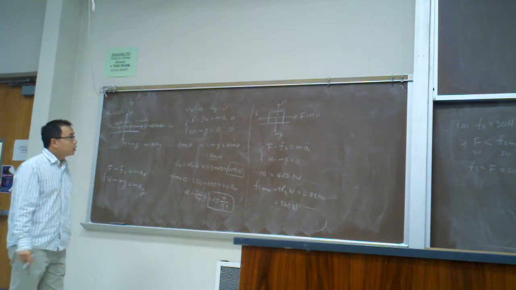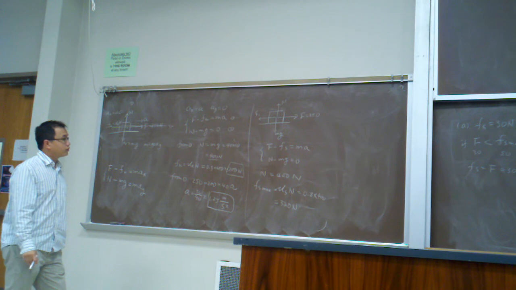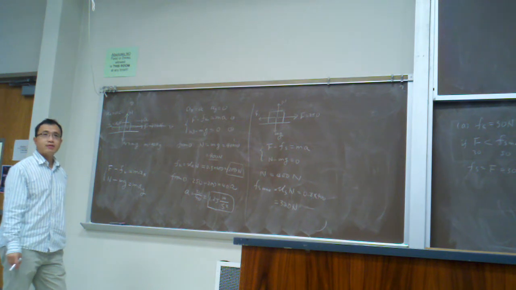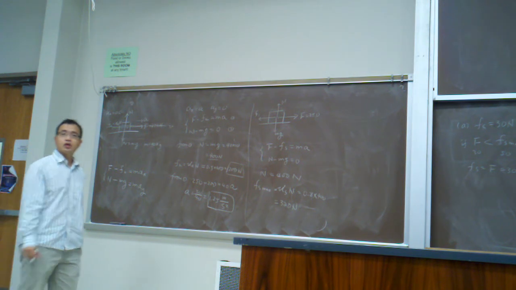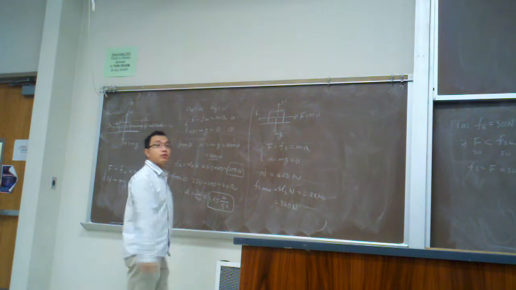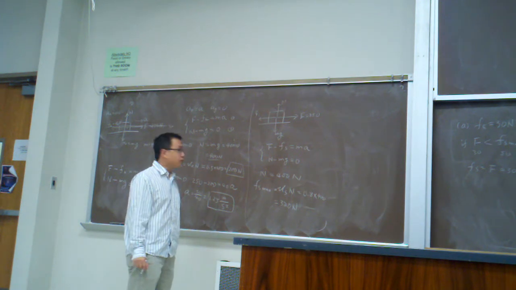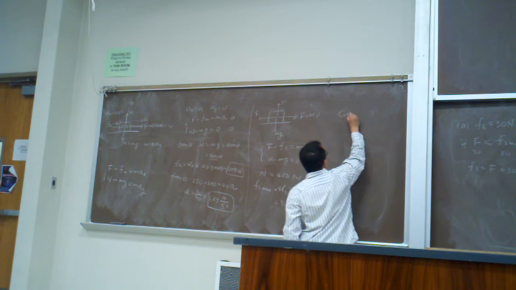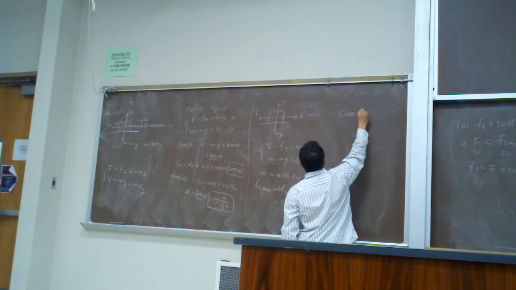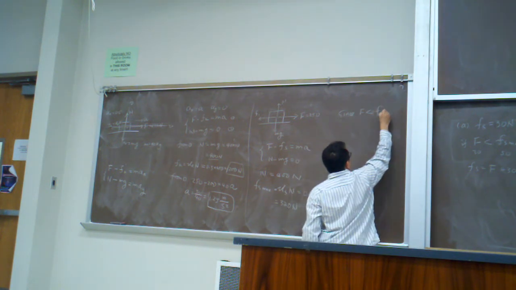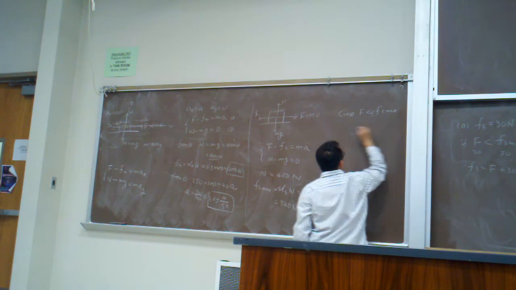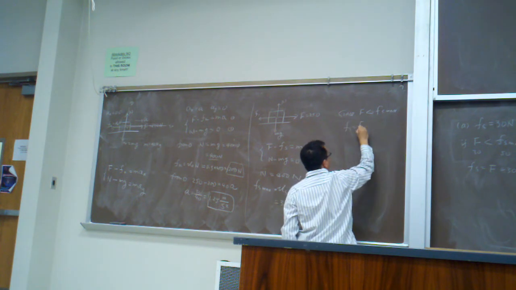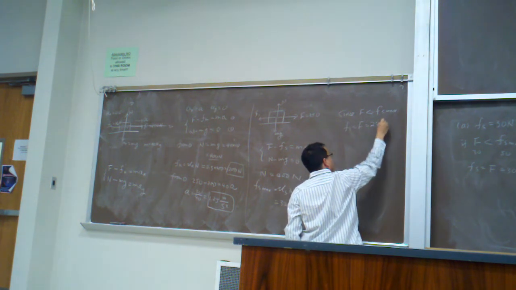Now, the external force equals 250 and the maximum static frictional force equals 320. So what is the static frictional force? 250, right? Since F is smaller than Fs max, then Fs equals F equals 250.